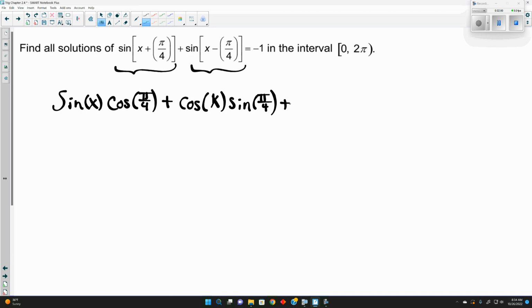Plus the other one is going to be sine of x cosine of pi over 4 minus cosine of x sine of pi over 4. All right. So, any questions on this so far?